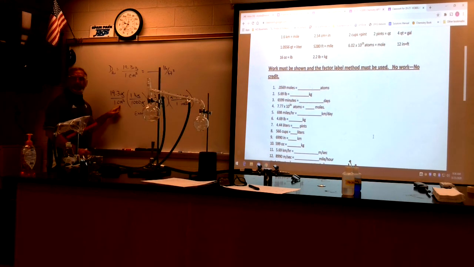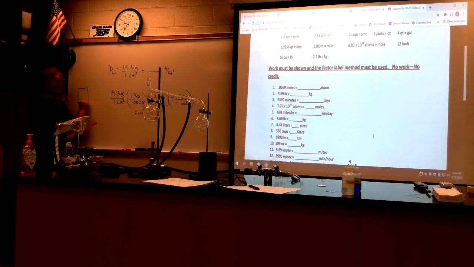But I need cubic centimeters and cubic inches. So if I look at a cube, I can never draw it. It's going to be 1 centimeter by 1 centimeter by 1 centimeter. Or let's just say 1 inch by 1 inch by 1 inch.